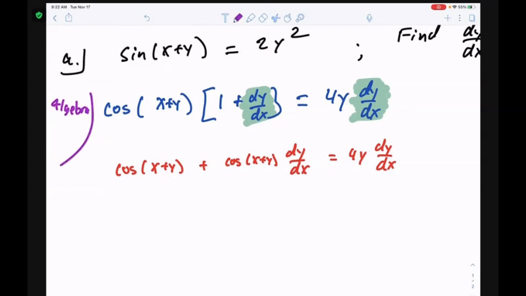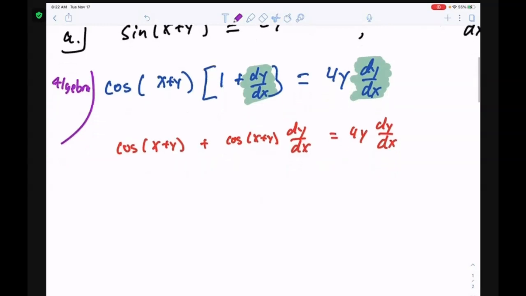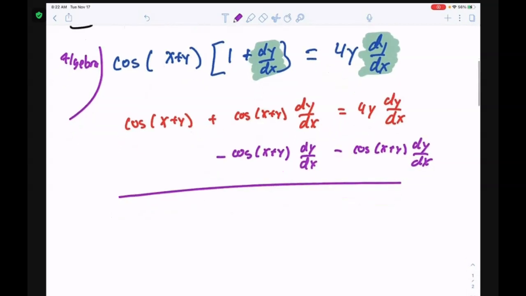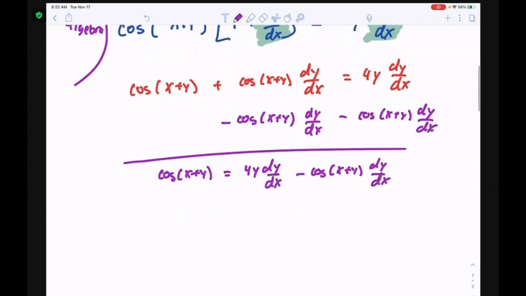So what do I do? You want the dy's and dx's on the same side, and then you move the cosine x plus y to the other side. Yeah. So just algebra. There's nothing fancy about this. Whatever you do to one side, you do to the other. And that gives me cosine x plus y equals 4y dy dx minus cosine x plus y dy dx. It's the same process, all right?